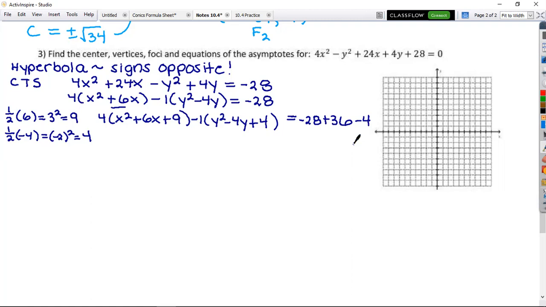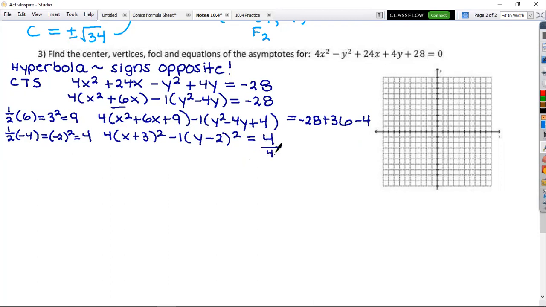All right, so you're going to factor these. So I have a 4. I get x plus 3 squared, minus 1, y minus 2 squared is equal to, and we have 4. Now, just like you did yesterday, this has to be equal to 1. So you're going to take everything and divide by 4.